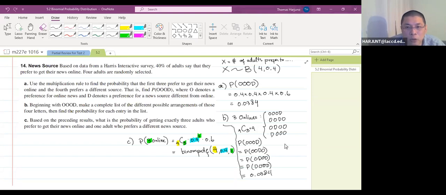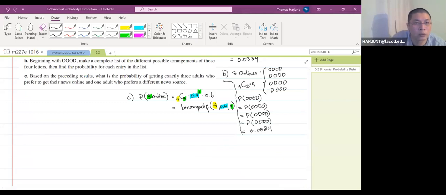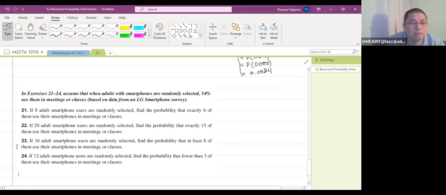This time I use a question from number 21 to 24. Assume that when adults with smartphones are randomly selected, 54% use them in meetings or classes.